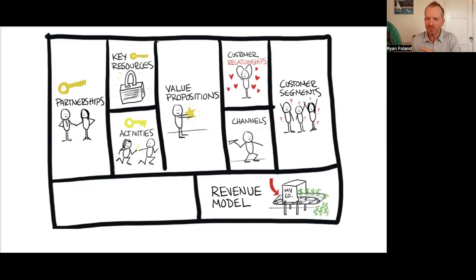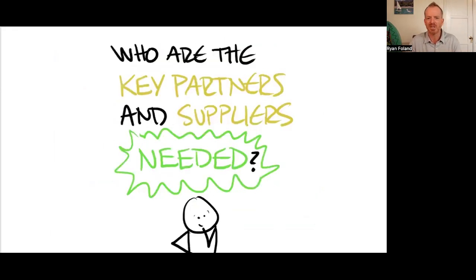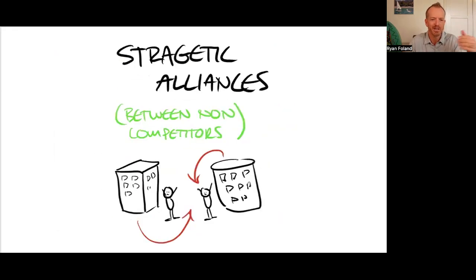Partners can help you find your customers. Partners can help you build relationships. Partners can help open up new channels. And so partnerships is such a skeleton key if you're thinking about it. So think about who key partners are. Think about joint ventures that you can form. Think about strategic alliances.